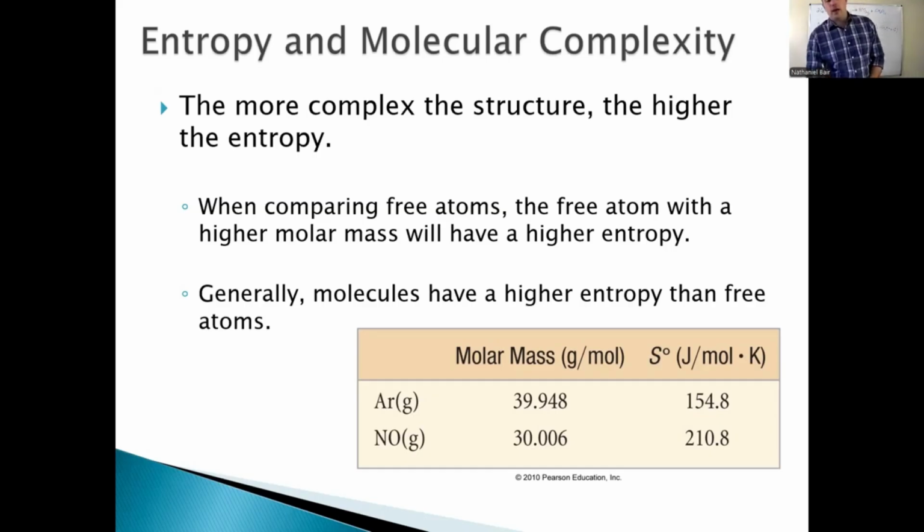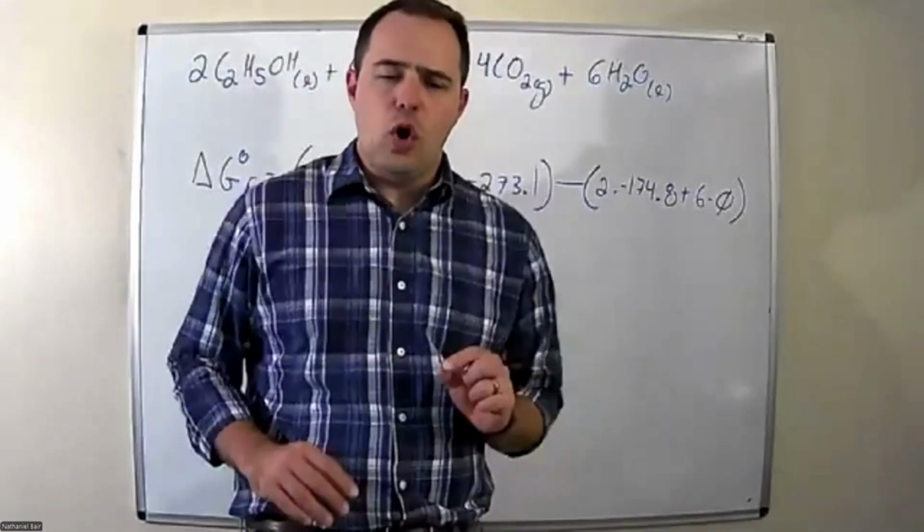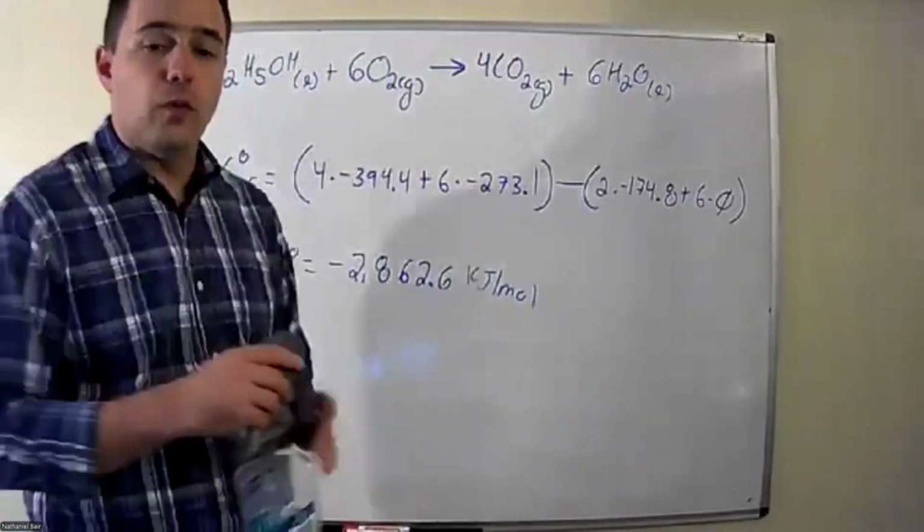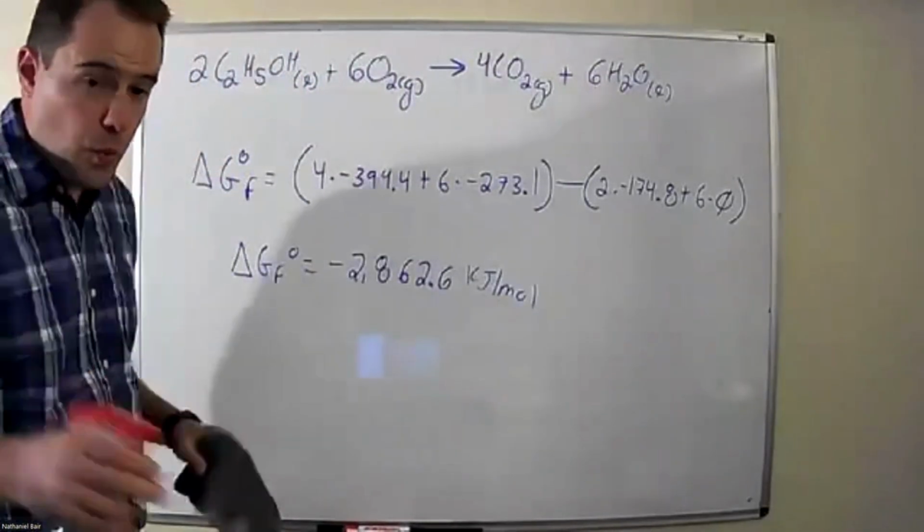If we look at, for example, argon, which is an individual atom, it has an entropy value of 154.8. But if we look at NO, nitrous oxide, it's got a higher entropy. It's more random at 210.8. What's going on here? Molecules are always more complex and have a greater amount of randomness than individual atoms.